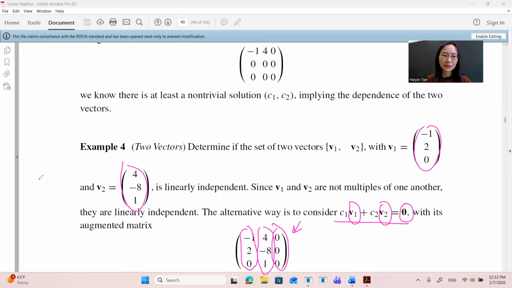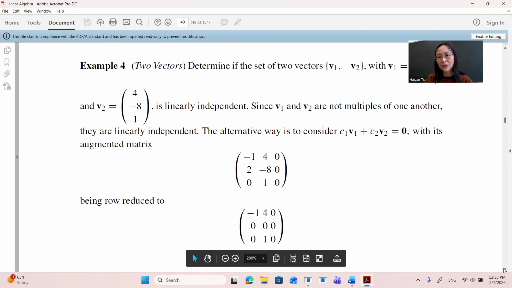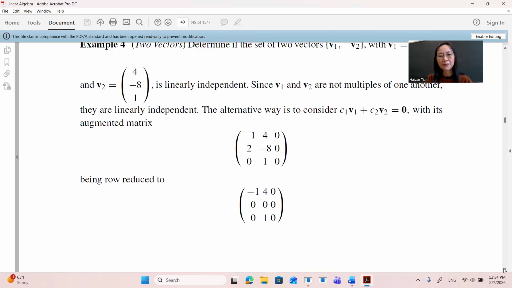Certainly, you don't have to keep the column of zeros, as I remarked earlier. Right now it is just for you to see, because that last column of zeros will stay a column of zeros no matter what elementary operation. So it will be reduced once we do the replacement of the second row.